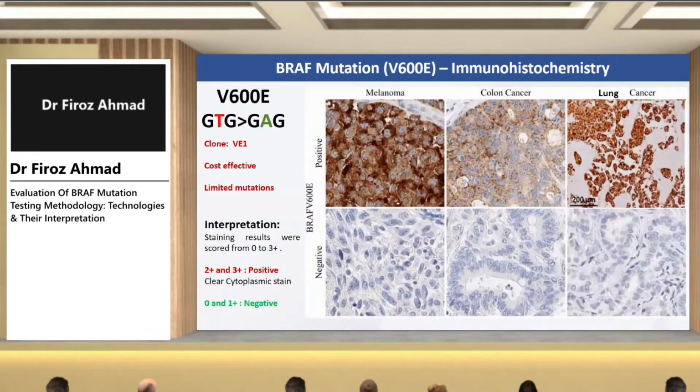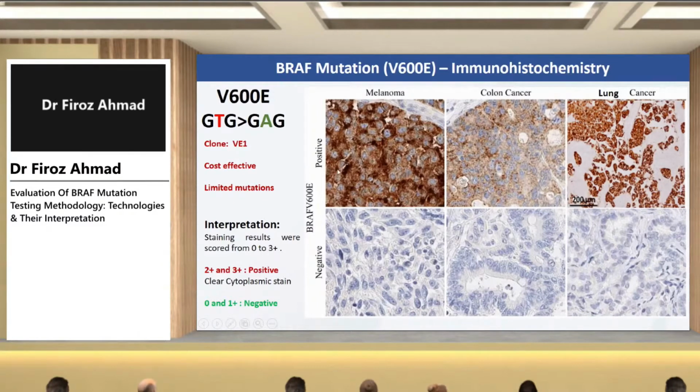So in case of IHC, it is investigated mainly for V600E. The clone which is used for BRAF mutation is VE1, and it is investigated across different solid tumors like melanomas, colon, and lung cancer. As far as the interpretation goes, the score varies from 0 to 3 plus, wherein 2 to 3 plus is considered to be positive.